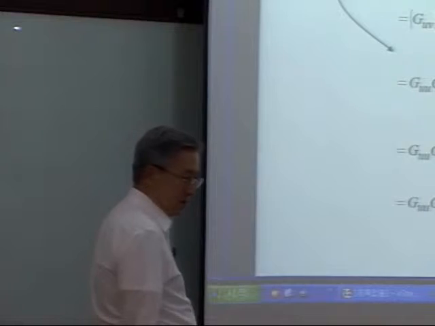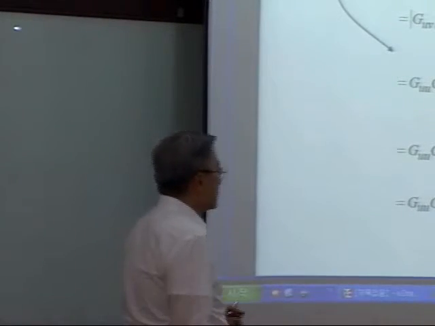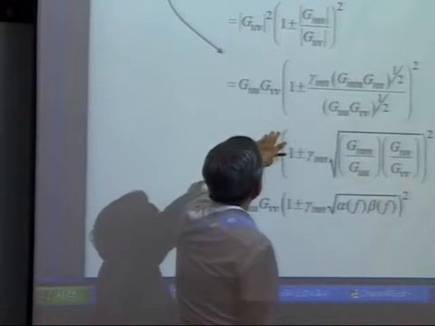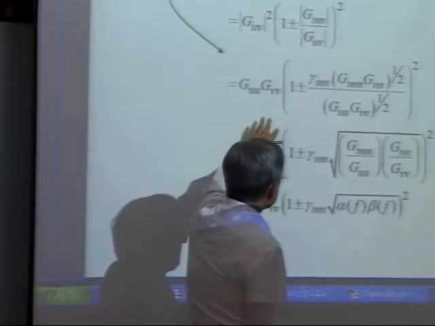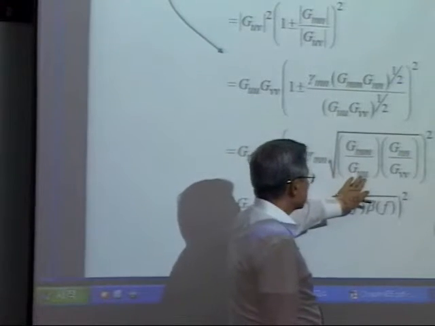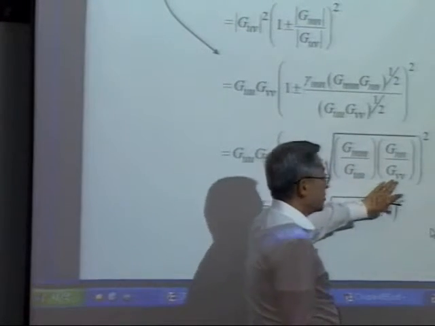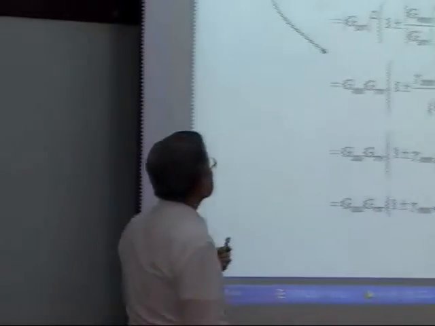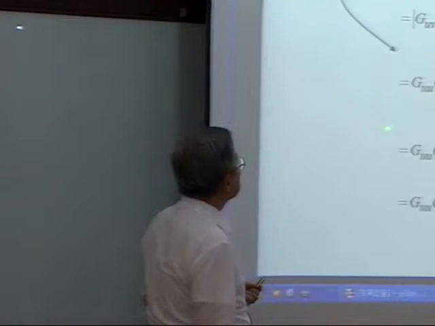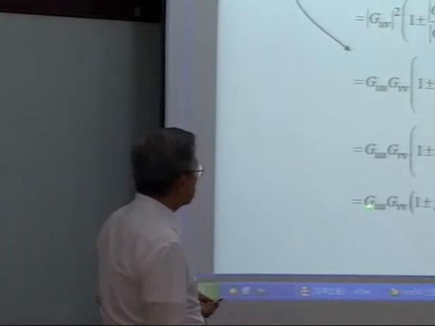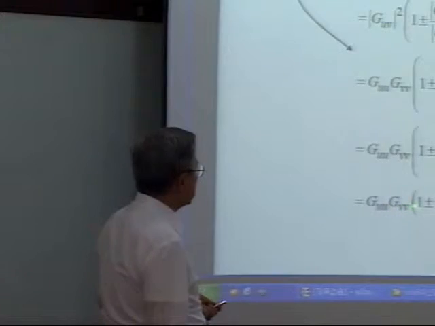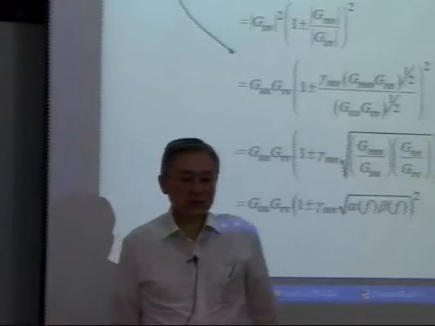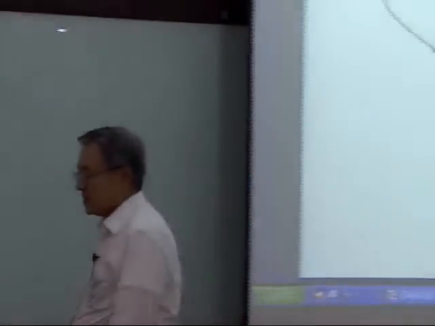Because gamma_UV squared is equal to 1. Then G_UV is carried down here. This is the input noise, output noise ratio. So finally you can write |G_XY| squared is equal to G_UU G_VV times 1 plus or minus gamma_MN times the square root of alpha times beta.